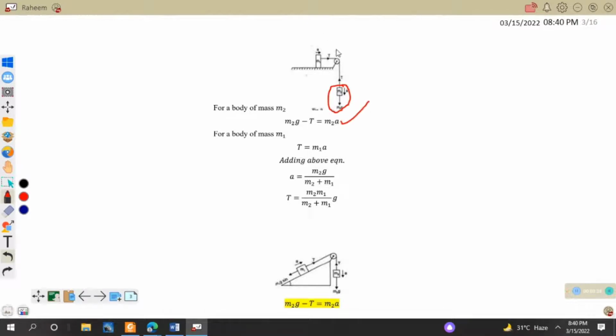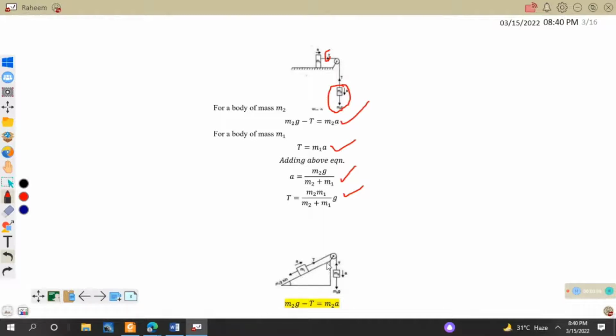In the horizontal case we have no vertical force, so this tension is equal to M1 into A. We have two unknowns and two equations, so we can solve this. If we add these equations, this will give us acceleration equal to M2G over M1 plus M2. And if we solve for tension, this will give us M2 M1 over M1 plus M2 into G.